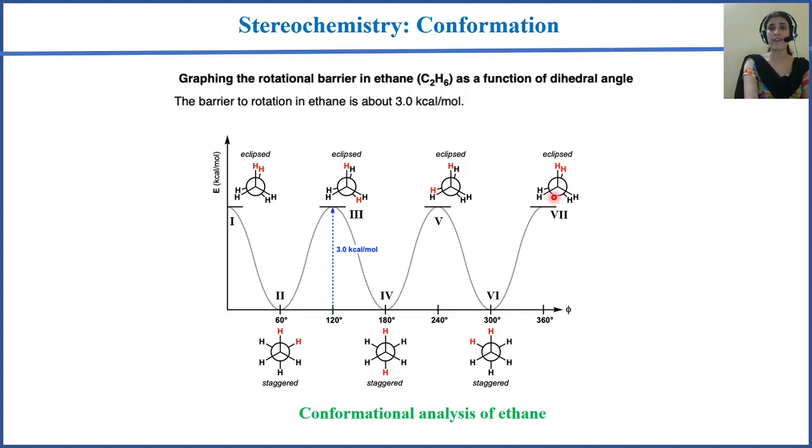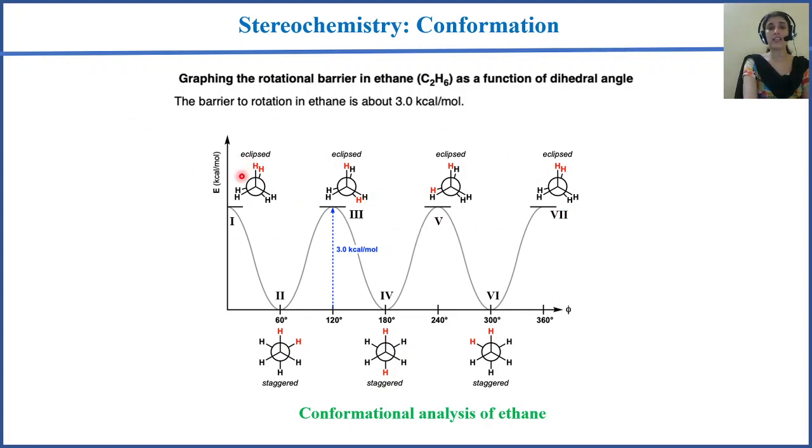So 1 and 7 are the same molecule. In case of ethane, all the 1, 3, 5, 7 are the same, and 2, 4, 6 are the same. Now 2, 4, 6 are staggered conformations, and 1, 3, 5, 7 are eclipsed conformations.